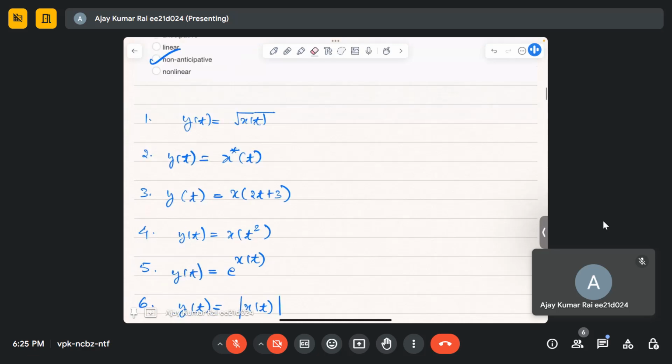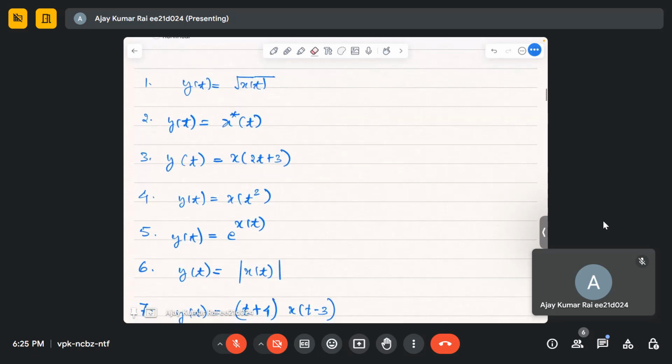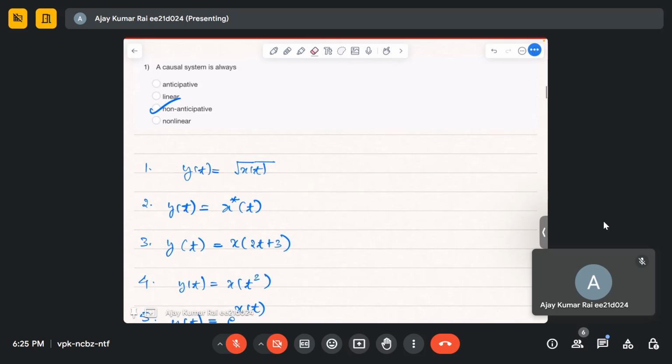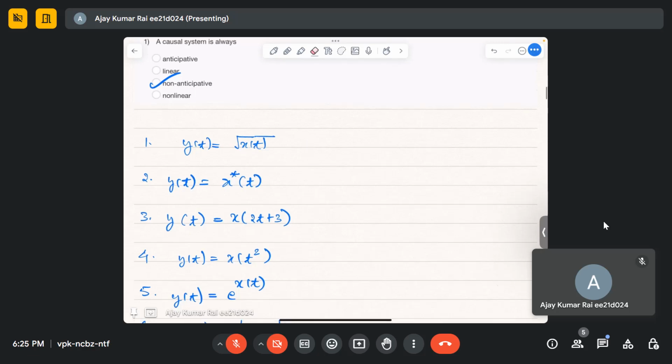We'll repeat this for linear and non-linear systems also. A causal system is always such that, if you see the input-output relation, the output only depends on the present input, right? So this is causal. The first one is very simple.